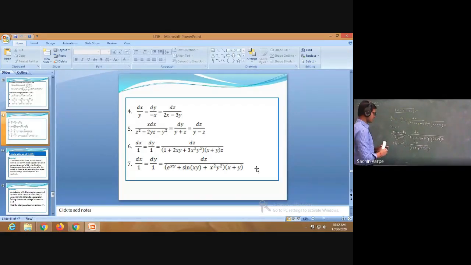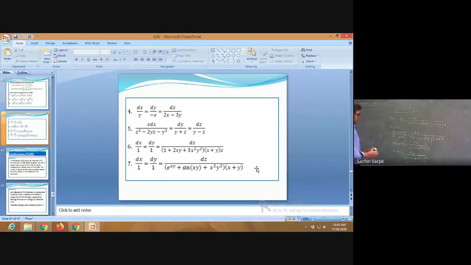Still the variables are not separated. So I can write here d of xy is equal to dz upon (1 plus 2xy plus 3x square y square) into z. Is the last step visible? Yes.